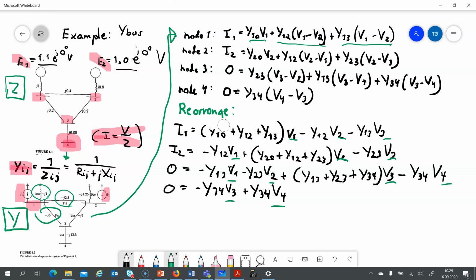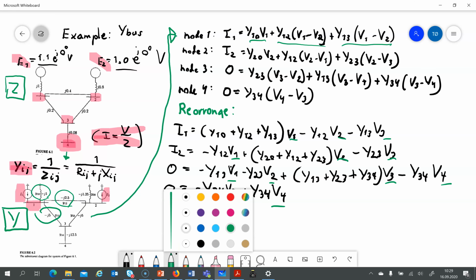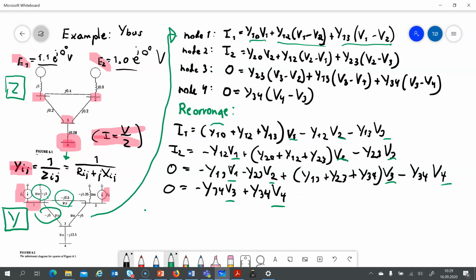Another thing is that these 3 admittances will then be represented as the self admittance Y11, and this here will then be Y22, and then the same.